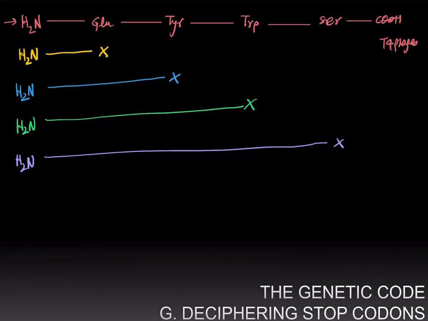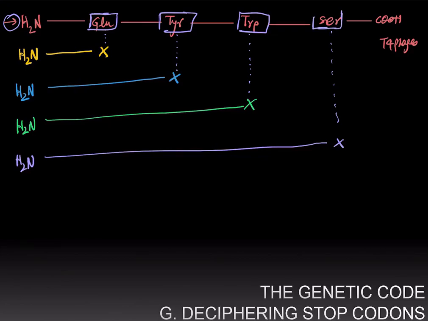Analysis of the lengths of these truncated proteins and comparison with the sequence of the wild type protein indicated that truncated proteins tended to end where there were very specific amino acids in the full length protein. So glutamate, tyrosine, tryptophan, or serine tended to be in positions that got mutated to a stop codon.